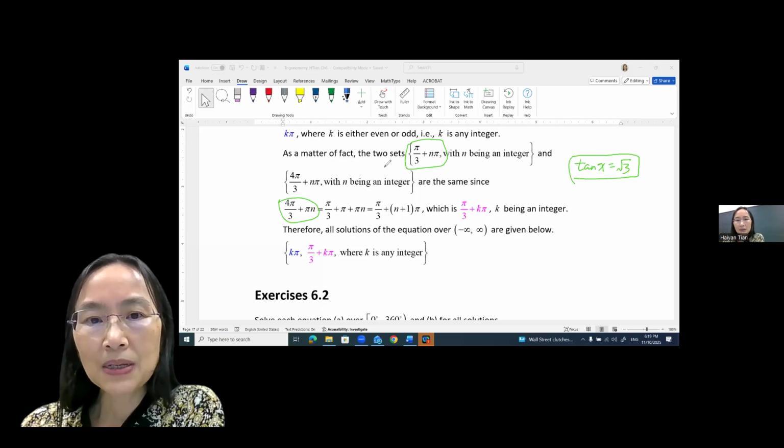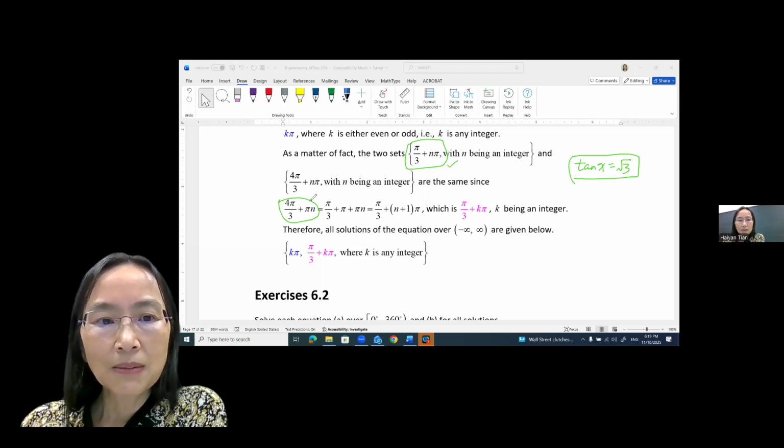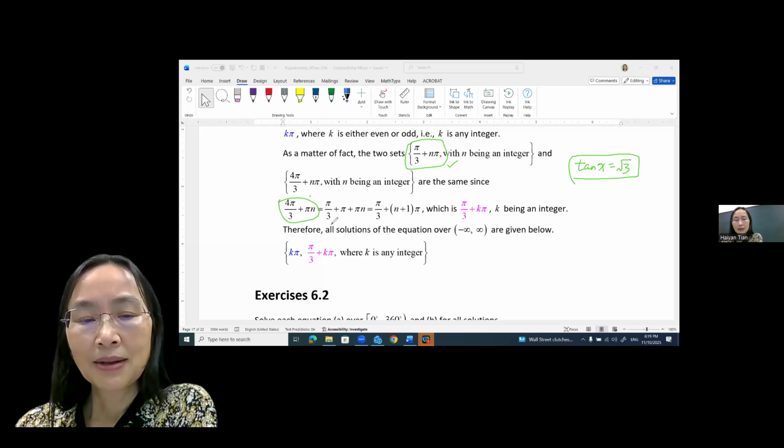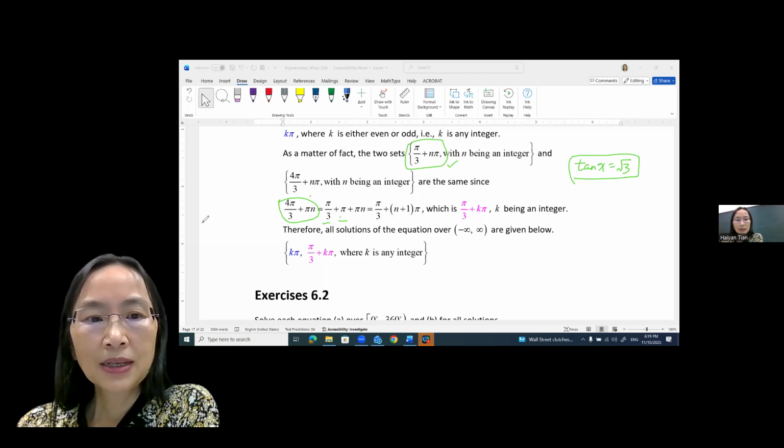So the x can be this or this. But the 4 pi over 3 can be written as pi over 3. We split 4 pi over 3 into two parts, you see? 4 pi over 3, and then it's pi over 3 plus pi. And then keep the remaining part, which is an integer multiple of pi, still there.